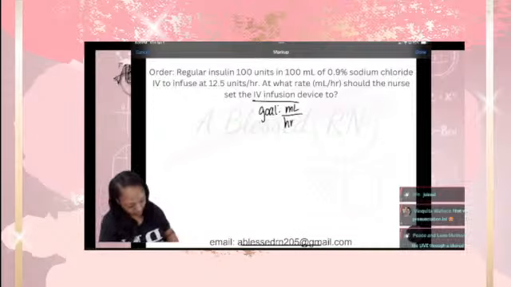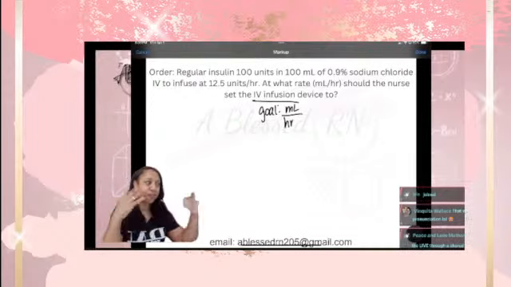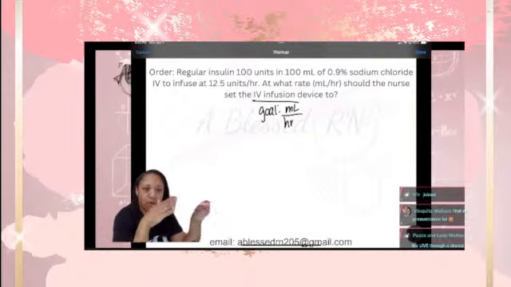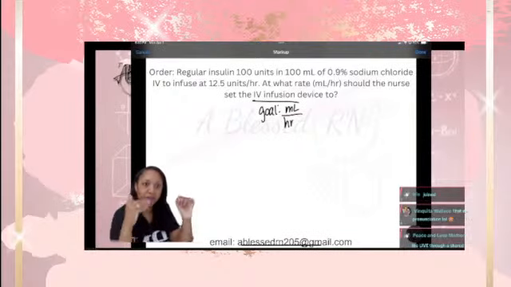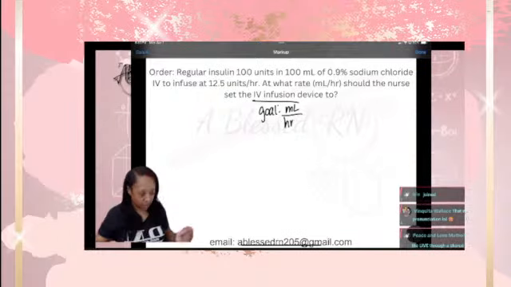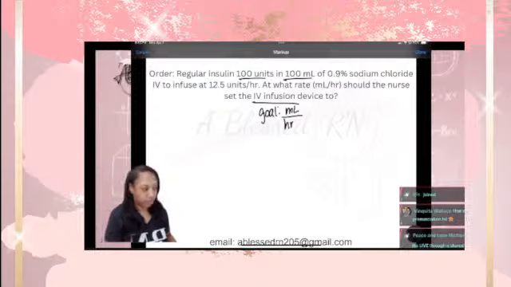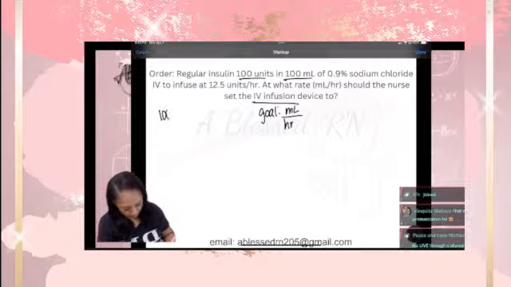So let's look back at what we have. When I say puzzle piece or relationship, I'm talking about two things that go together. Like one day is 24 hours, 1 hour is 60 minutes. If you have milliliters per hour, units per milliliter, stuff like that, you keep them together. So this says there are 100 units in 100 milliliters. That's a relationship, so we're going to keep it together.